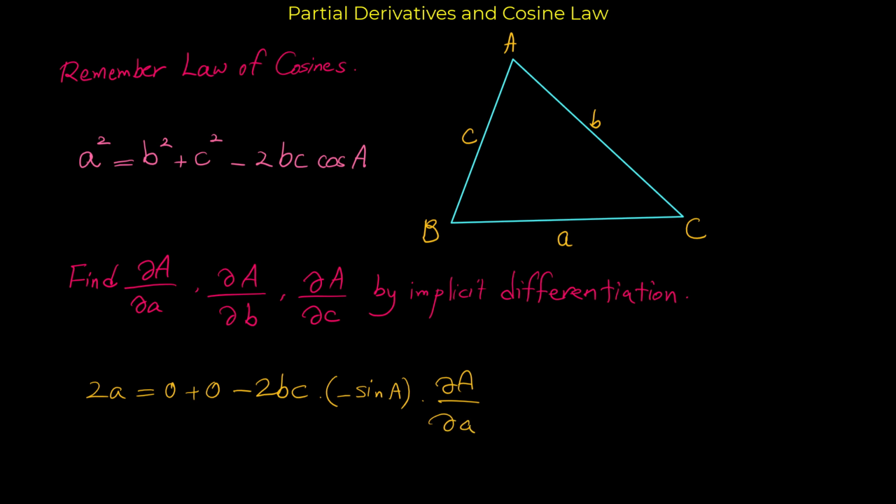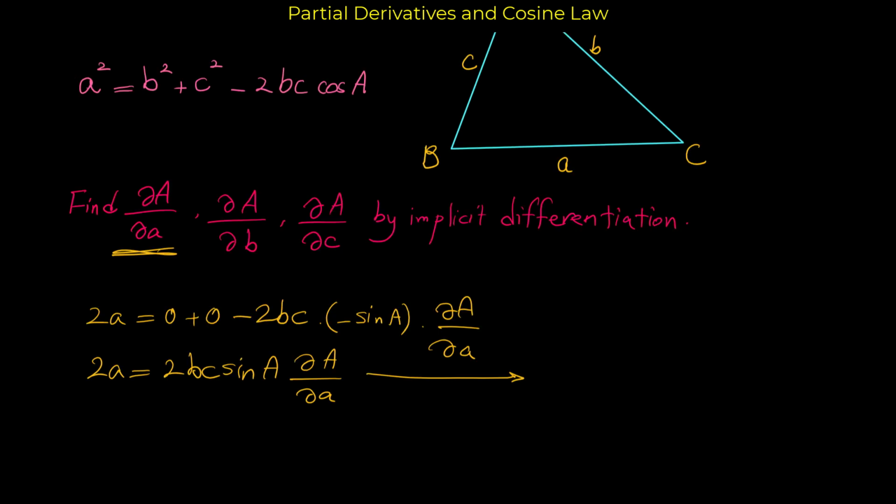Now we have to solve this relation for the partial derivative of angle A with respect to side a. Let me simplify this relation. 2a equals, negative times negative would be positive, so we have 2bc sine A times partial A over partial a. If we solve this for the partial derivative of A with respect to a, it would be a over bc sine A. And this is the answer for this partial derivative.